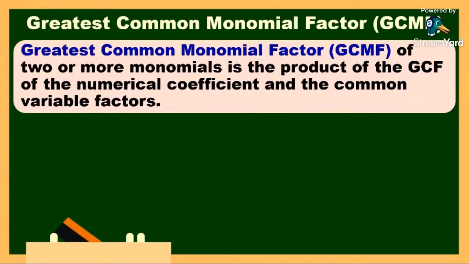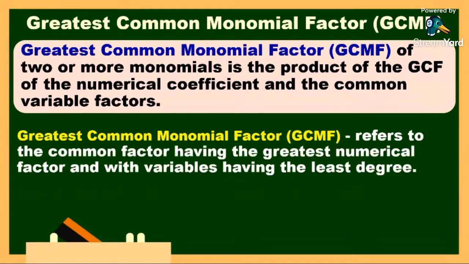It also refers to the common factor having the greatest numerical factor and with variables having the least degree. Ang GCMF po ay ang product ng GCF ng ating numerical coefficients and the common variable factors. Ito din po ay merong variables na may pinakamababang degree o yung exponent.